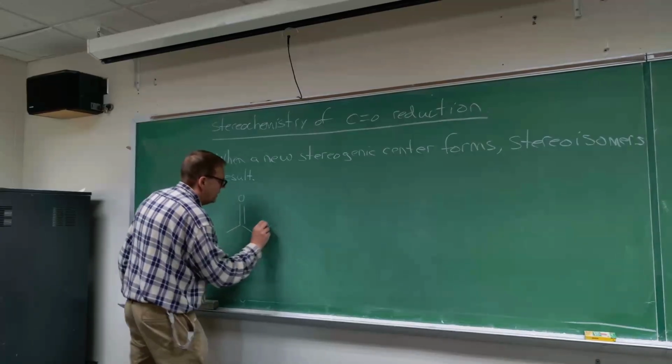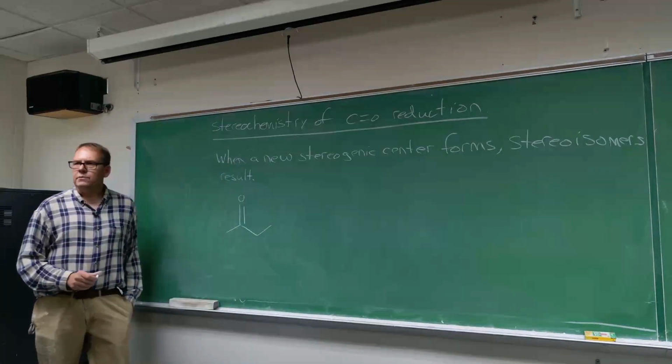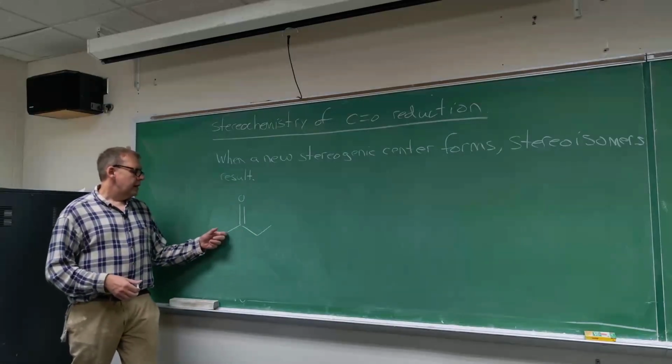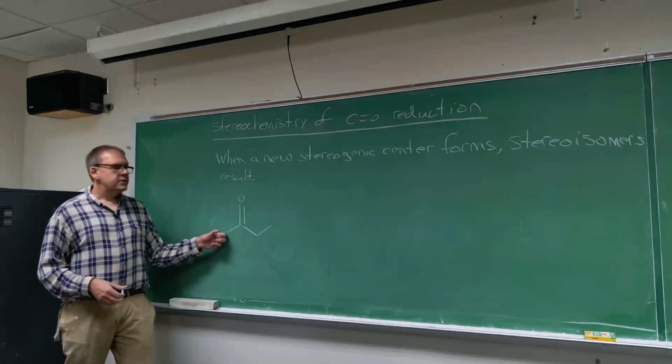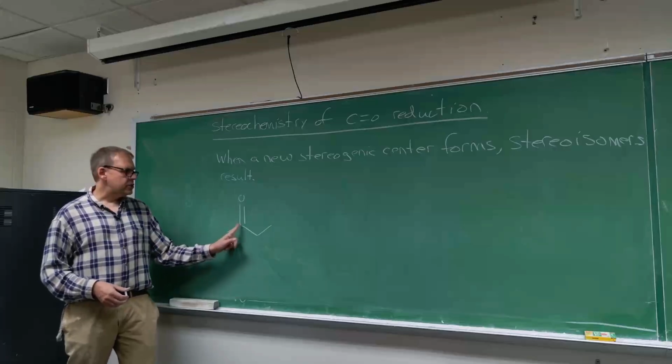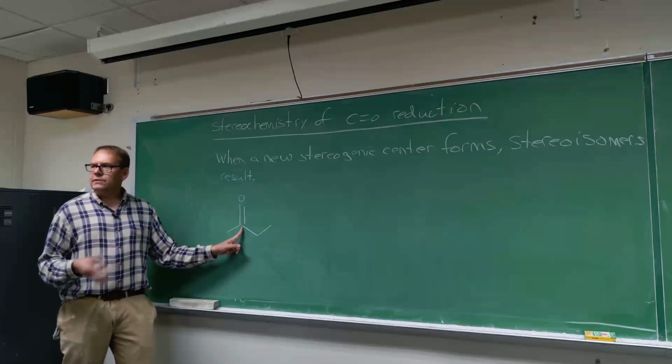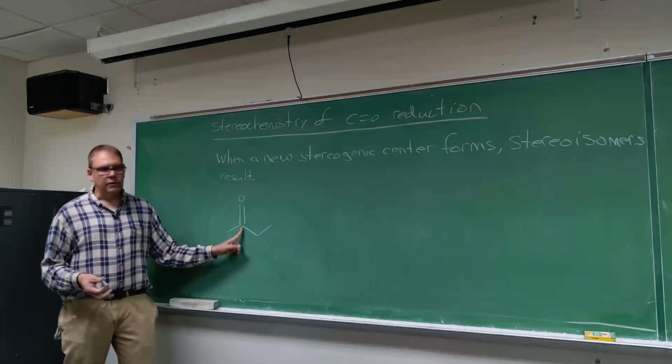This is a really quite simple ketone. It's a 4-carbon ketone, with an ethyl group on one side, a methyl group on the other side, and an oxygen. If we add a new H to this carbon right here, we're going to generate a carbon that has 4 different groups. That's a stereogenic center, and it's going to be chiral.